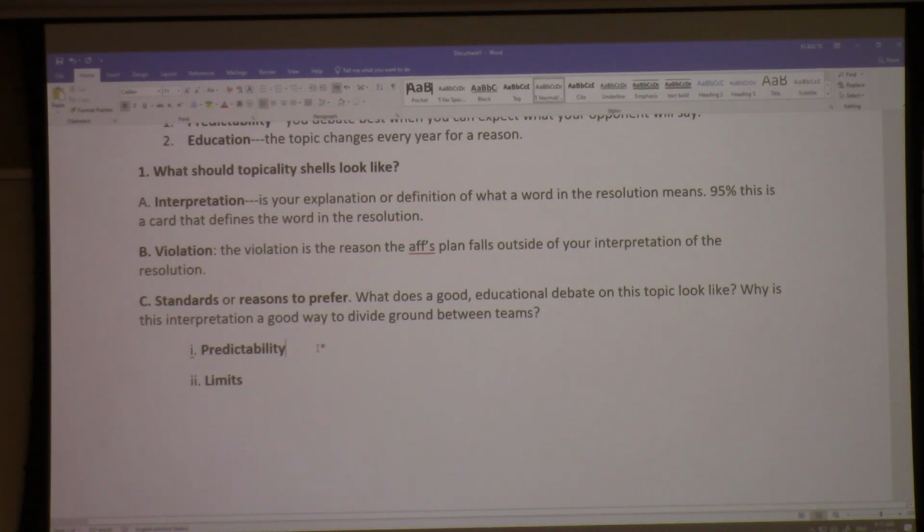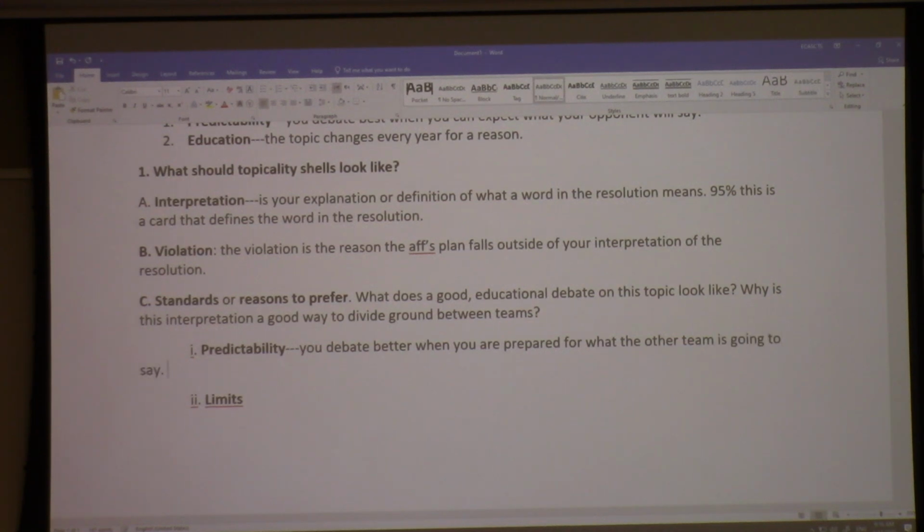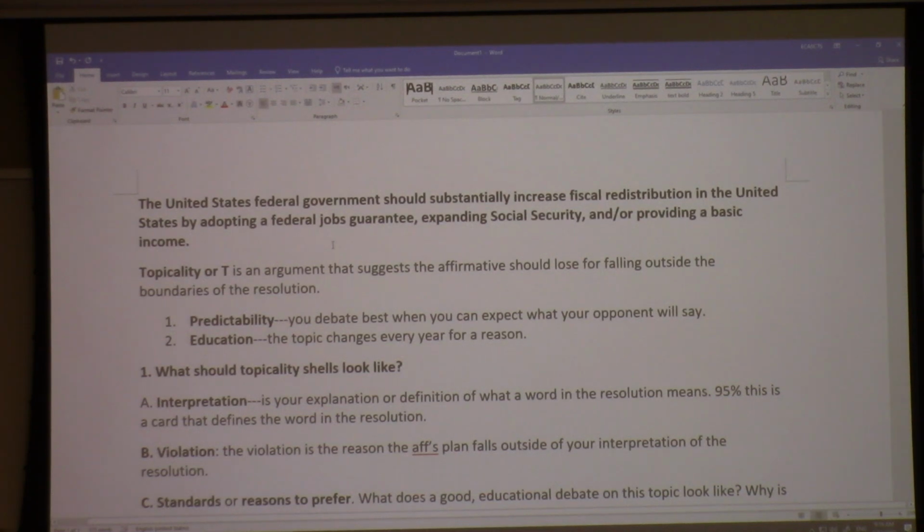Predictability is premised on the belief that you debate better when you're prepared for what the other team is going to say. So if you have an interpretation that is predictable, let's say it's from a dictionary definition, that's a very predictable basis for somebody to define a word in the resolution. You might have some disagreements over the technical meaning of fiscal redistribution.